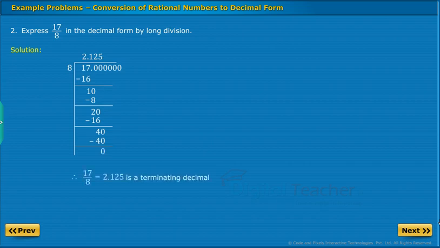Therefore, 17 by 8 is equal to 2.125, which is a terminating decimal.